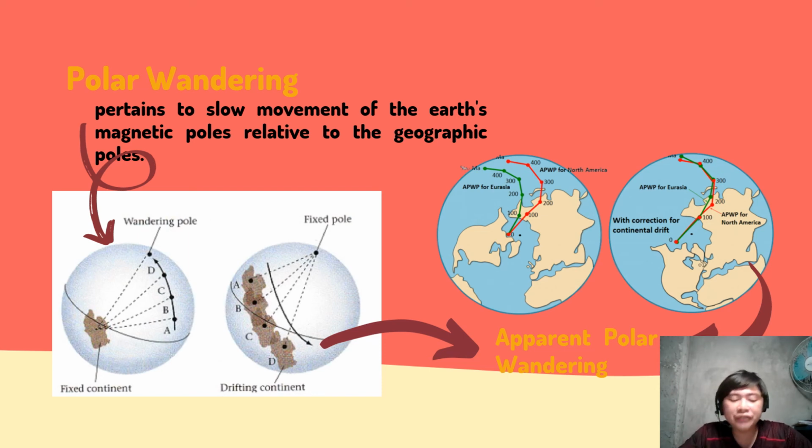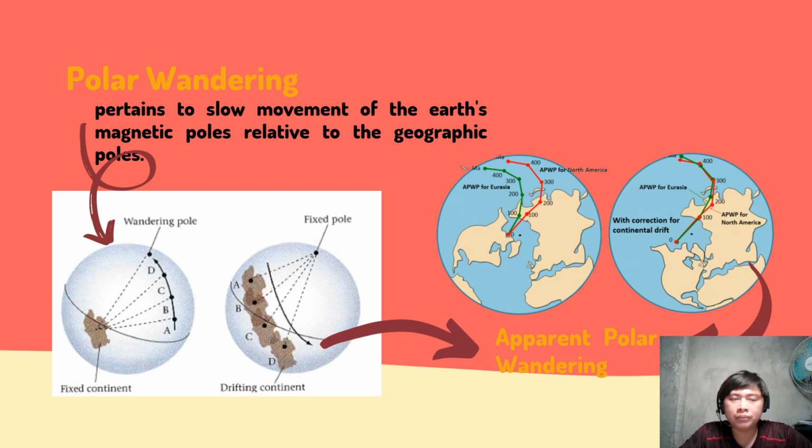So the curve defined by the paleomagnetic data was called a polar wandering path, the green and the red lines there. These geologists initially thought that their data represented actual movement of the magnetic poles.